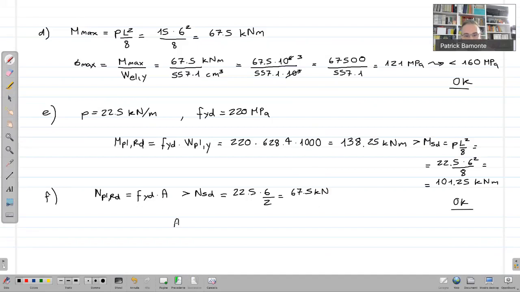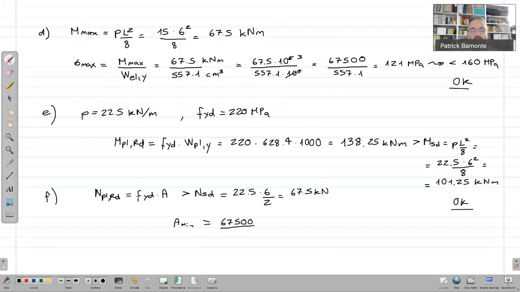What is the minimum area? Minimum area is equal to what? 67.5 kilonewtons, which I directly translate into newtons by multiplying by 1,000, okay?